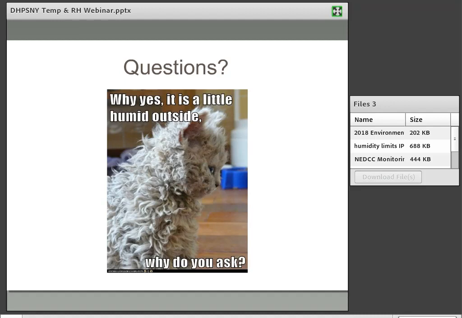Let's see. So are there any types of collections that require radically different atmospheric conditions from other types? Photographic materials are a good example. I'm taking that to mean temperature and relative humidity.